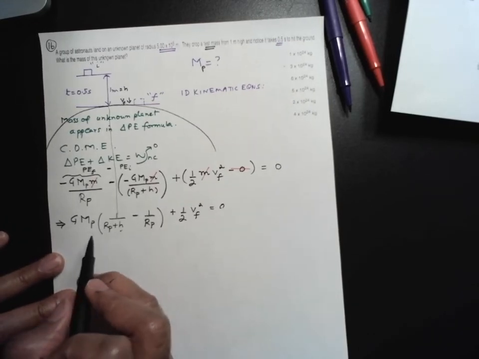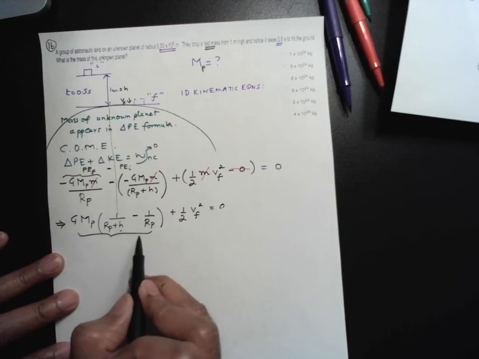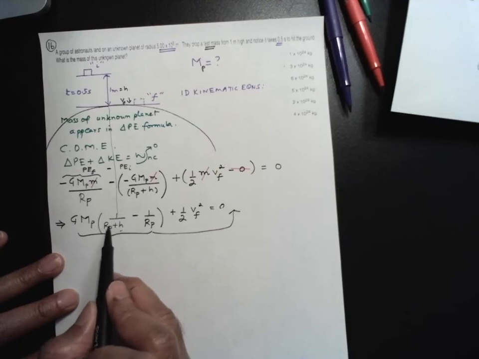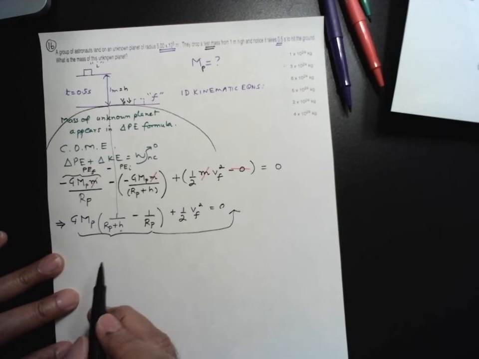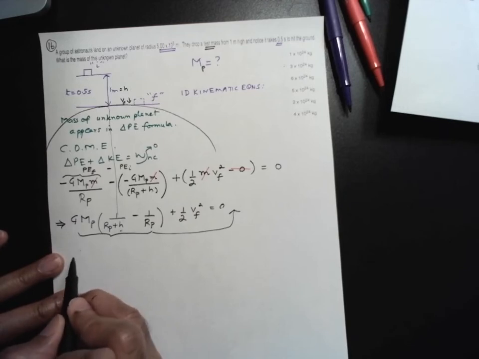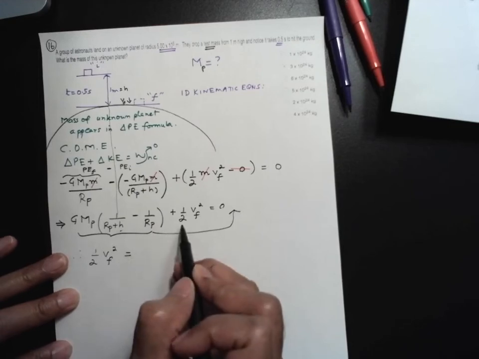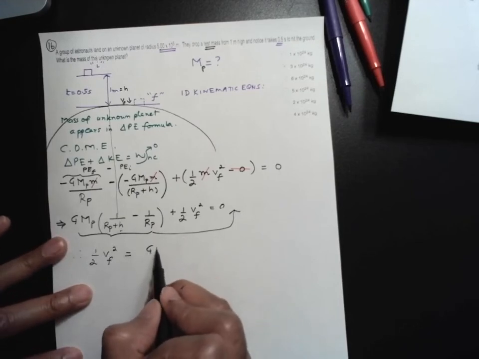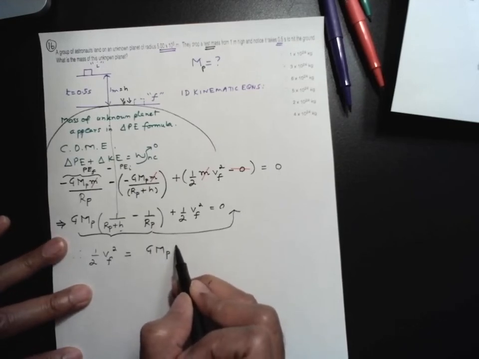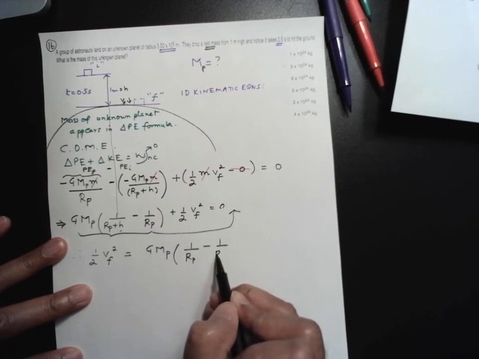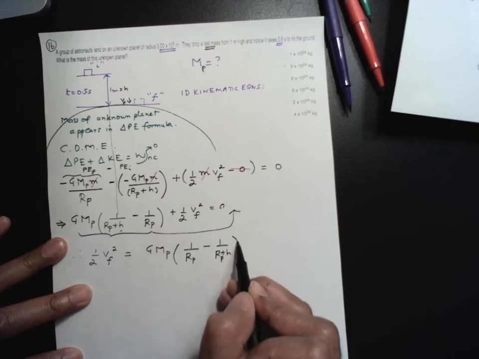And so let me take this over to the right-hand side, because this is a negative thing. The denominator here is larger, so this is going to be a smaller thing than that. So then I would get 1/2 vf squared, which is still on the left-hand side, is equal to 1 over rp minus 1 over the radius of the planet plus height.